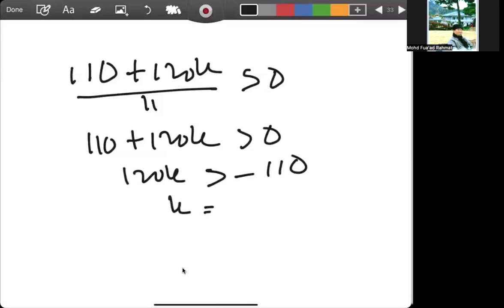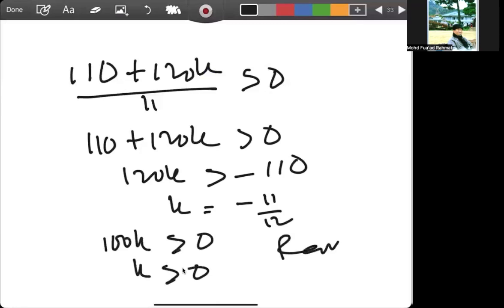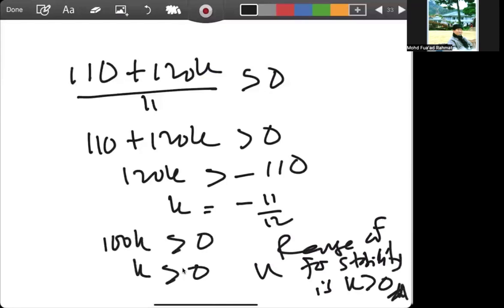So K is greater than minus 11 over 12. And the second one is 100K greater than 0, so K greater than 0. So the range of K for stability is K greater than 0.